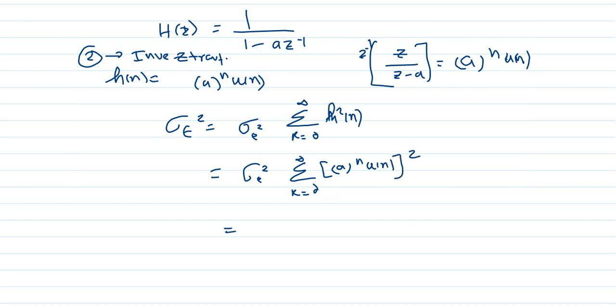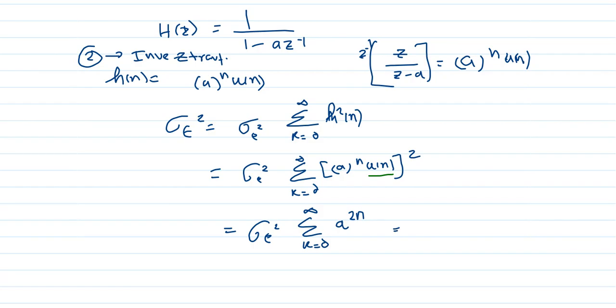So u of n tells you the signal can only run from 0 to infinity, and its amplitude is also 1. Okay, so we can easily write this as sigma e square summation k equal to 0 to infinity a power 2n. Okay, u of n has a magnitude 1.